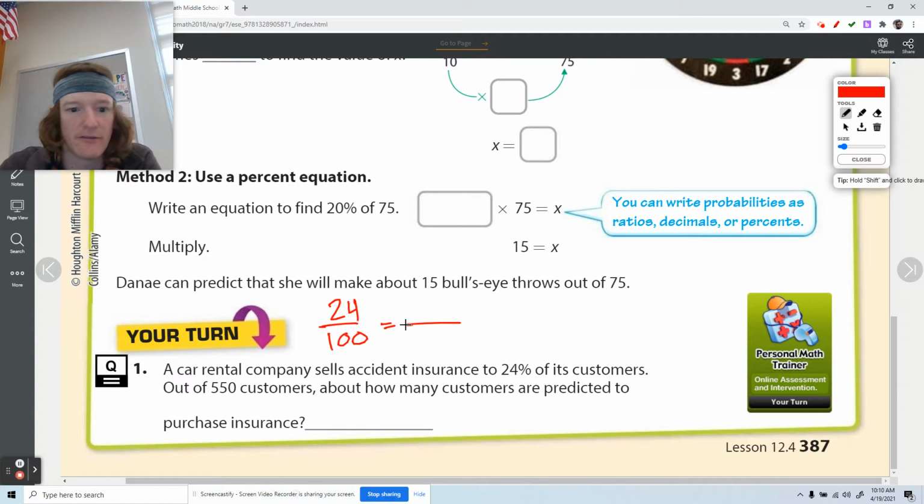Out of 550 total, how many are predicted to get insurance? Well, 100 times what is 550? You do 550 divided by 100. That'll be 5.5. We'll do the same thing here, times 5.5. 24 times 5.5, we get 132.